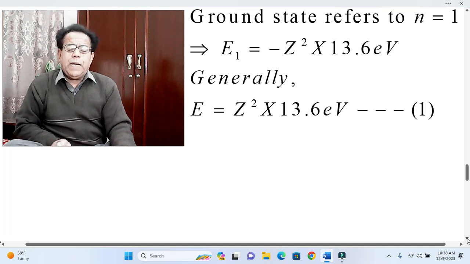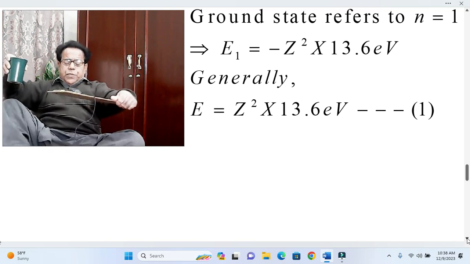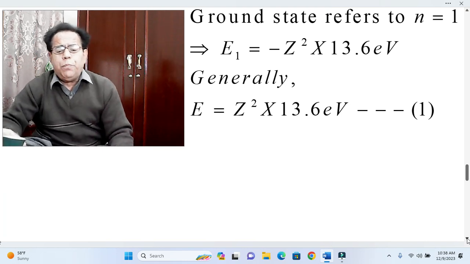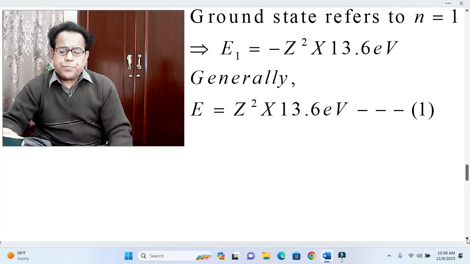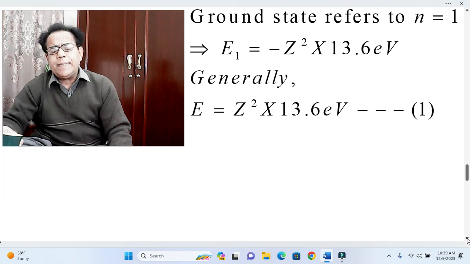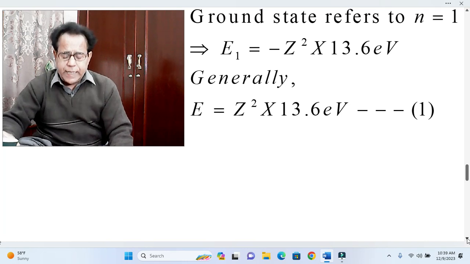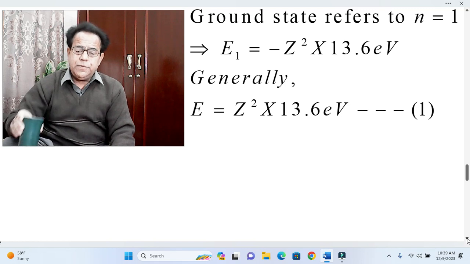Anyhow, we have generalized this expression in this way that in place of E1 we have just used E, and in place of minus Z square we have used Z square, because the answer does not accept minus sign. Moreover, 13.6 is also positive, Z is also positive in square, and n is also square because it is positive.